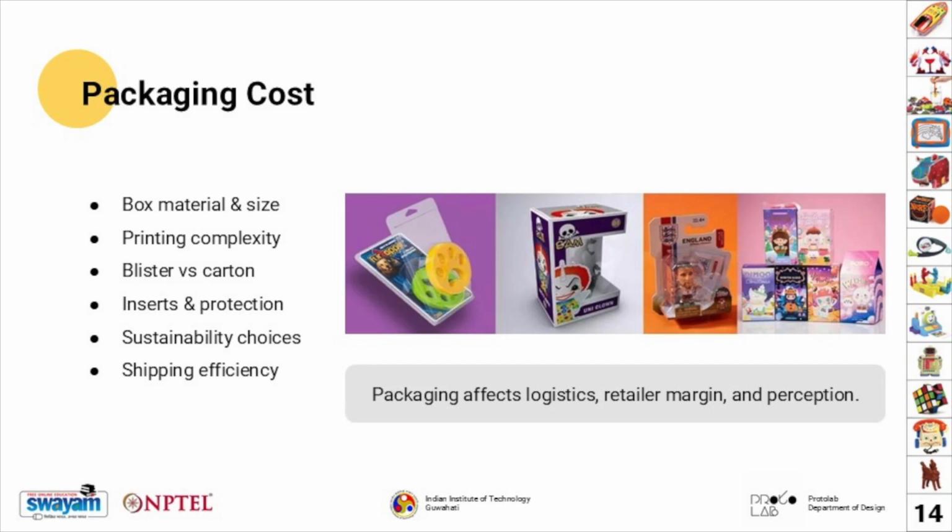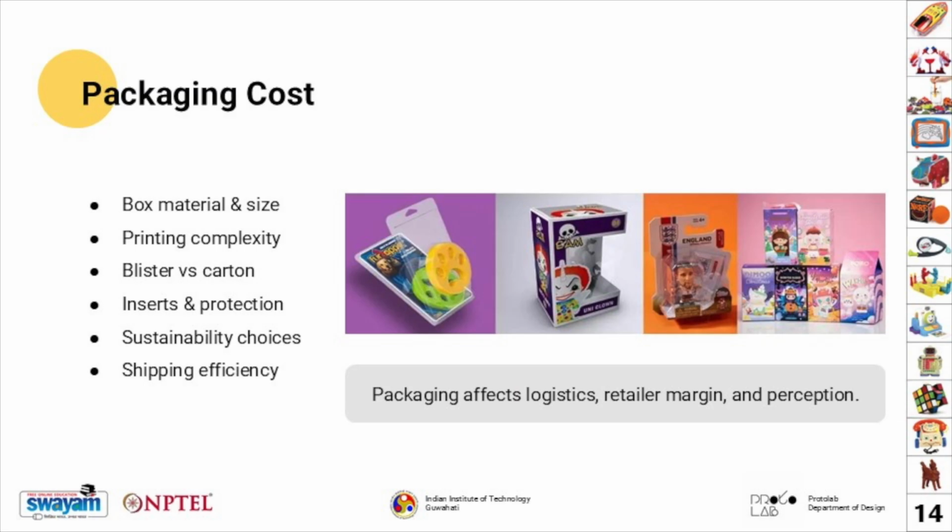A molded pulp insert is more sustainable than plastic, but it may increase unit cost. If your toy contains delicate components, you may need layered protective materials, increasing both material and packing labor time.